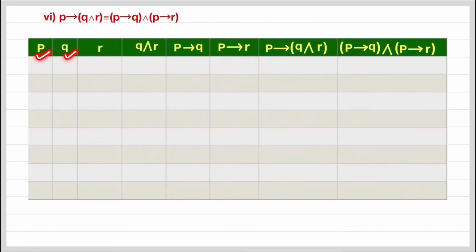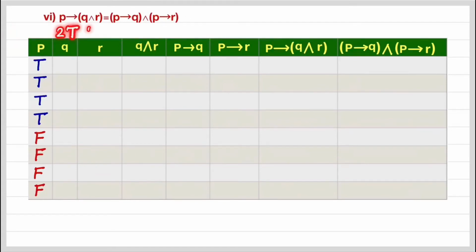For P, take the first 4 values true and the last 4 values false. For Q, we take 2 true and 2 false.